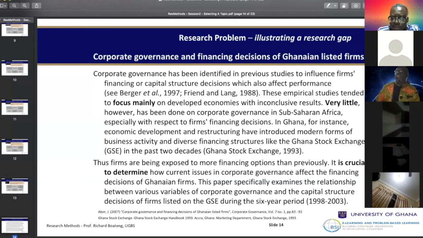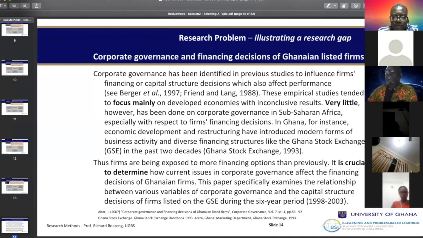And he has then stated which period he's going to study: the firms that were listed on the Ghana Stock Exchange between 1998 and 2003. So a research gap is a discrepancy in literature that a researcher seeks to address. By pointing out the gaps, he then makes a statement based on the gaps that he wants to address. So if you look at the title of the work, Corporate Governance and Financing Decisions of Ghanaian Listed Firms, it has a relationship with the purpose that he said he's going to achieve.